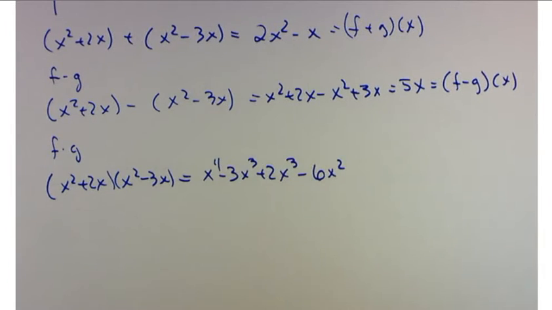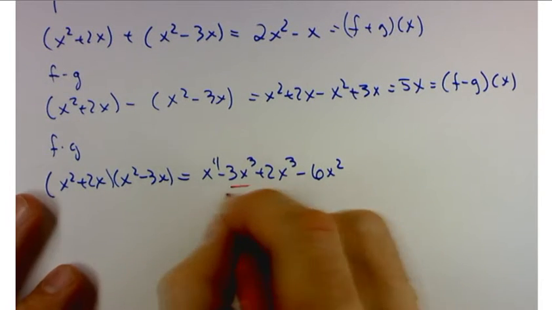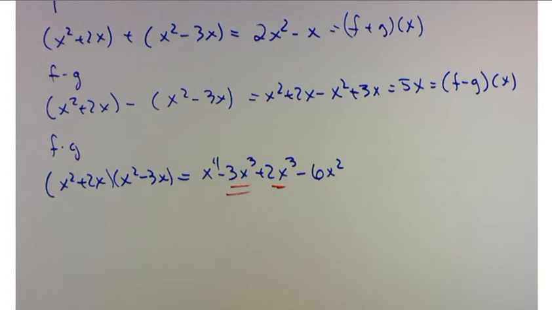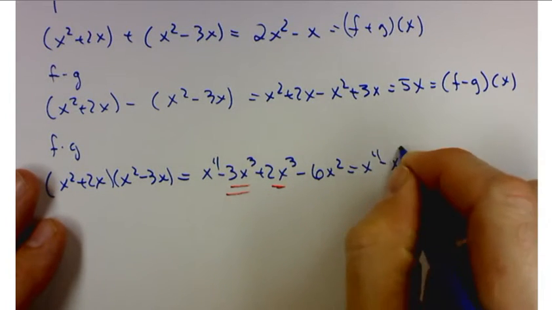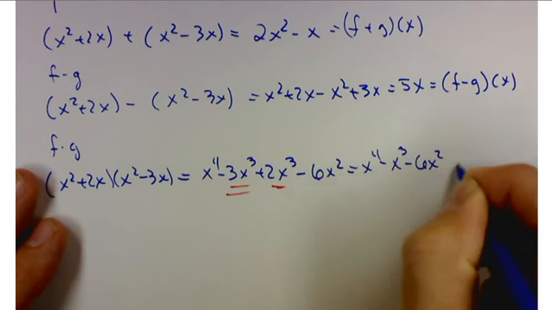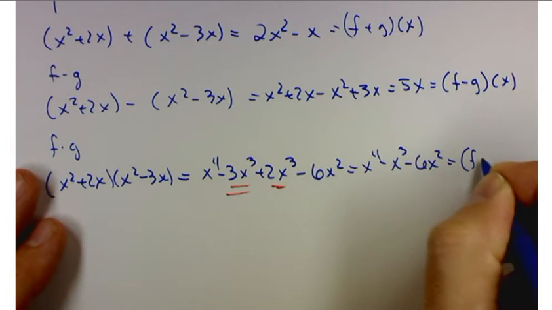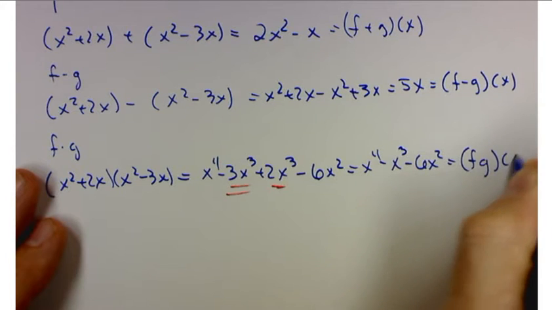Nice. And you've got like terms that you can combine here in the middle. So we get x to the fourth minus x cubed minus 6x squared as f times g of x.